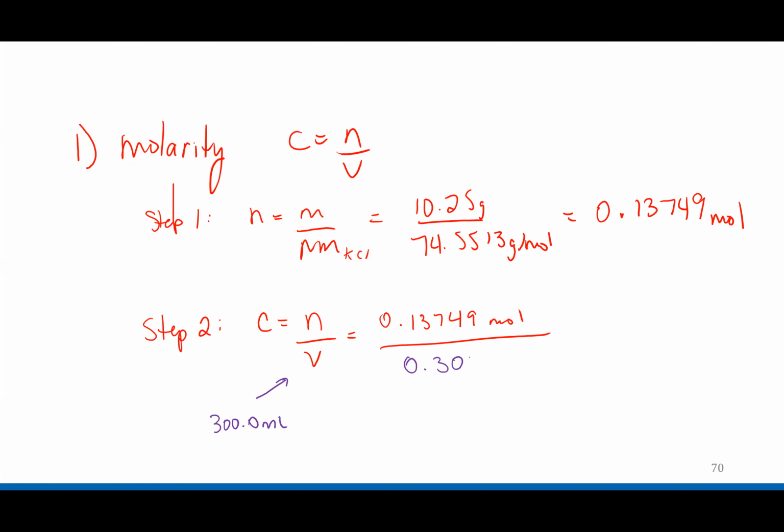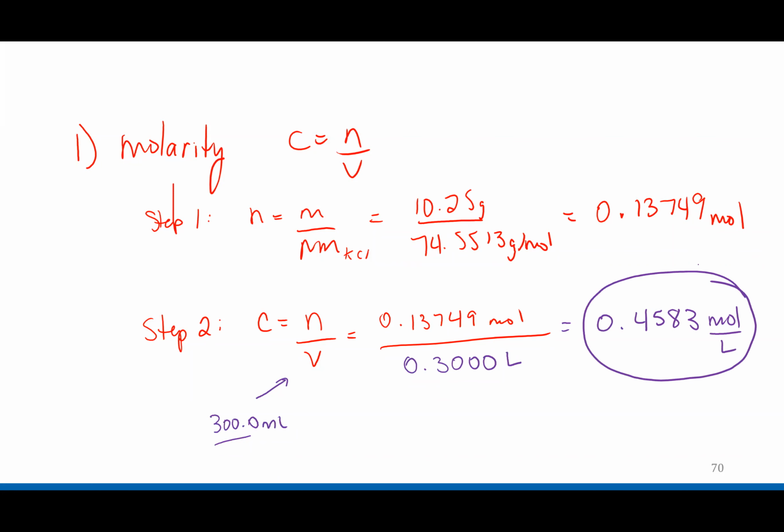So it would be 0.3000 liters, 4 significant figures. All right, and I get my answer. So I divide that by 0.3000, and I get my answer: 0.4583 moles per liter.